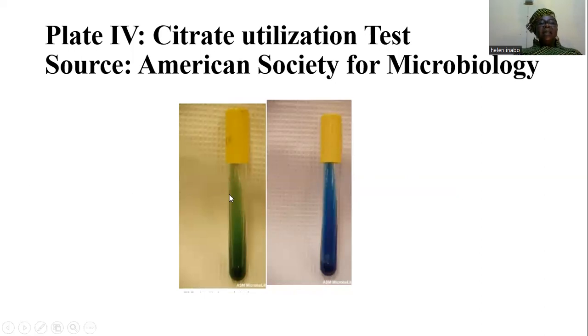Escherichia coli has the same green color as the uninoculated medium, while Enterobacter aerogenes gives a blue coloration of the medium.